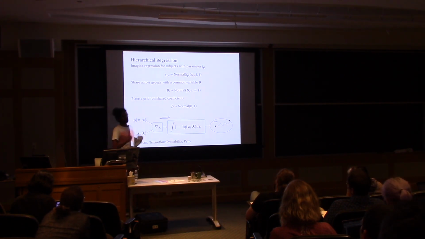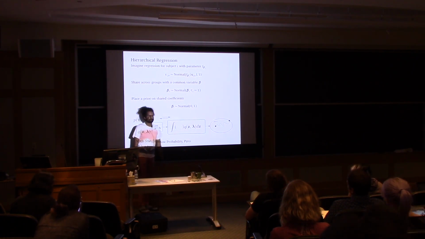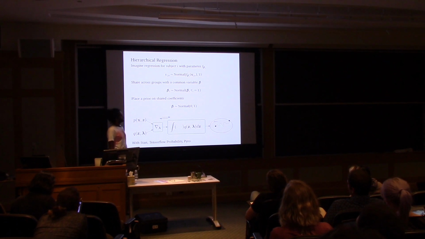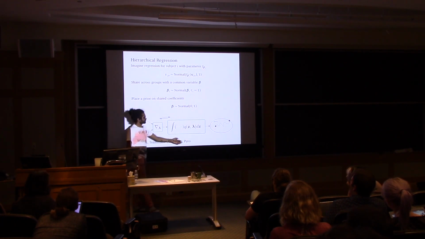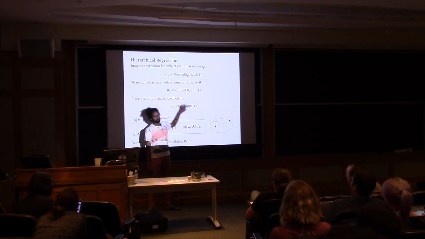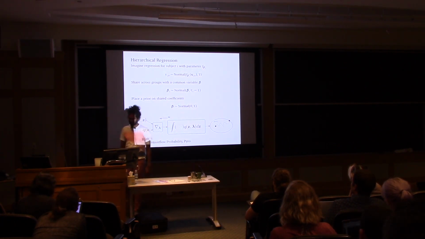And this new parameter that I've introduced, beta, is going to have a normal 0, 1 prior. Again, I've changed my model a little bit, but I don't really need to change my analysis. With Stan, TensorFlow Probability, or Pyro, this would just run, a one-line code change.